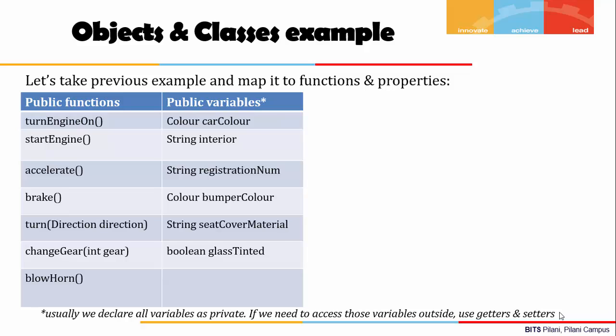The functionalities of the car which we saw are our functions. The implementation of functions will remain the same across cars. You have to turn the engine on, you have to start the engine. So the implementation will remain the same, though the output may vary based on the inputs and other variables inside the class.